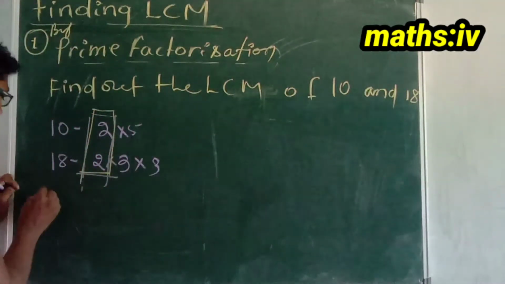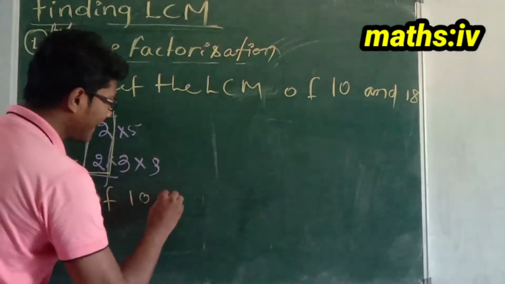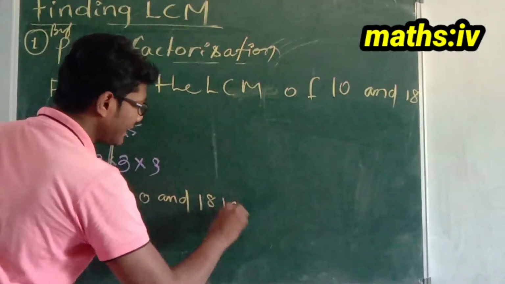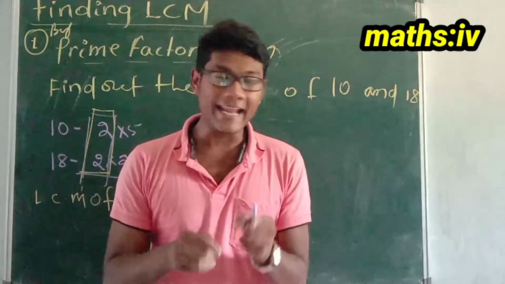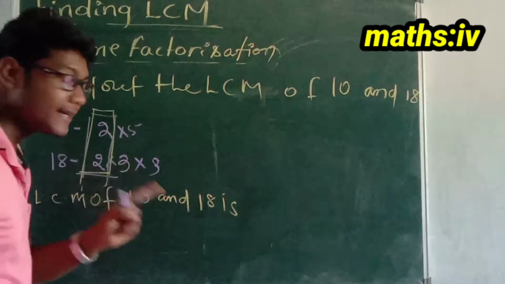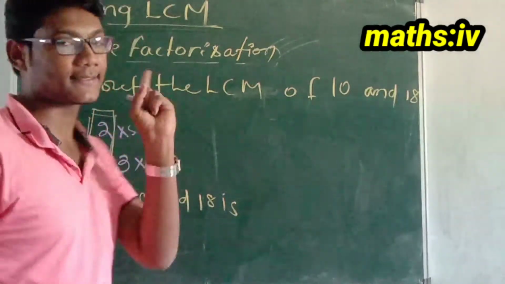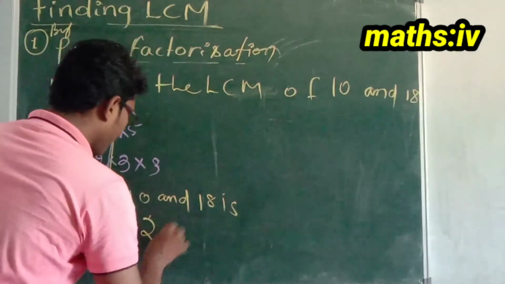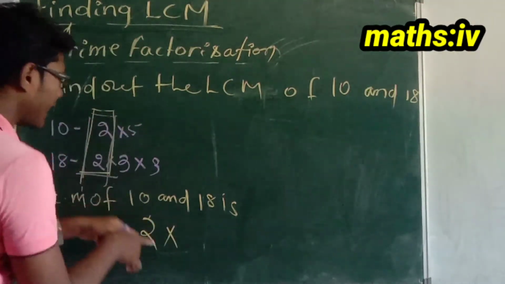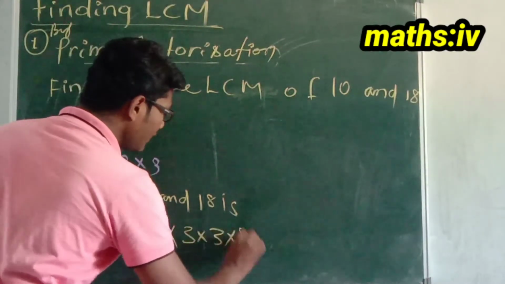Clear? Now LCM of 10 and 18 is, we have to multiply all the factors, but we should take the common prime factors only once. So 2 multiplied by 3 multiplied by 3 multiplied by 5.